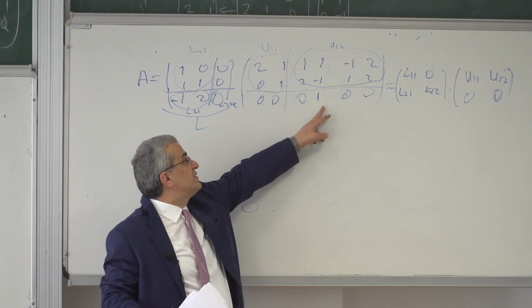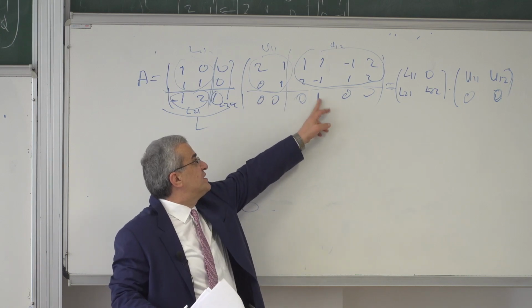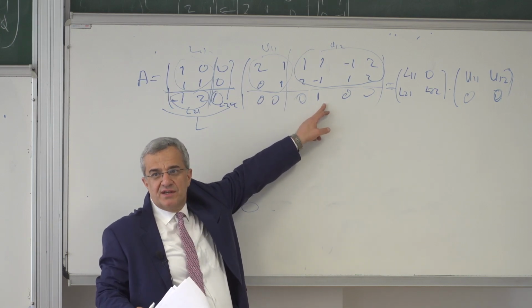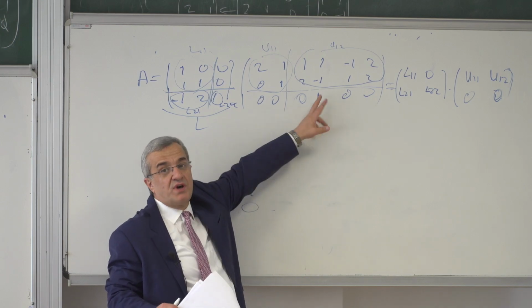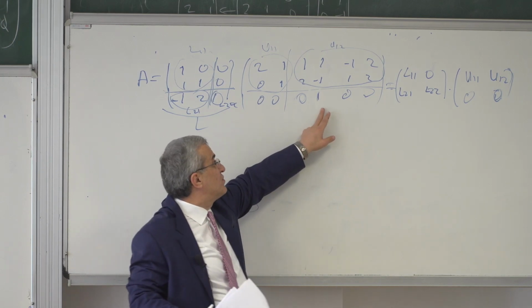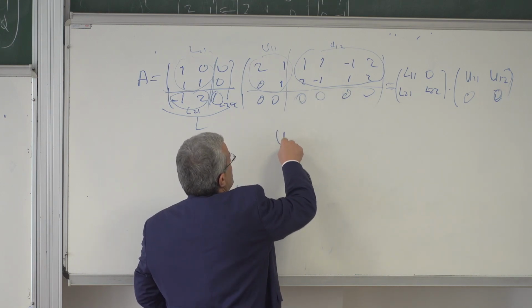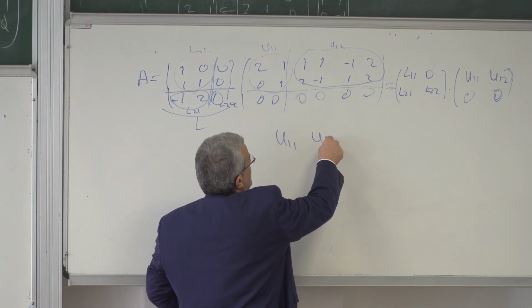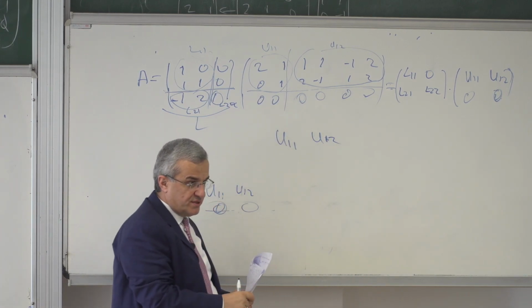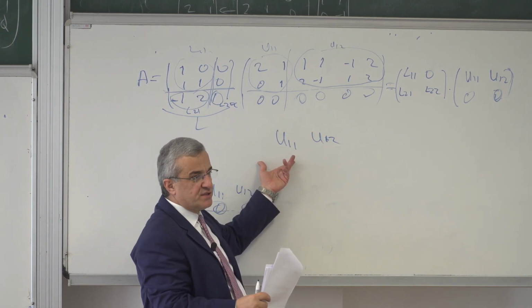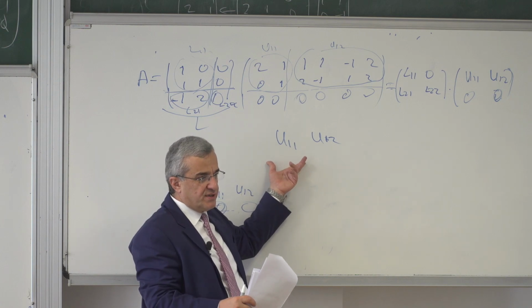Because there is no other element here that can kill this. Yet you can obtain this as a linear combination of the other numbers, right? So therefore, if there was such a thing, it then would be in the form of U11, U12, since this is a rectangular matrix. If it was a square matrix, it's a different thing again, right?